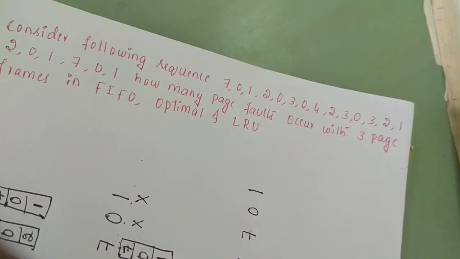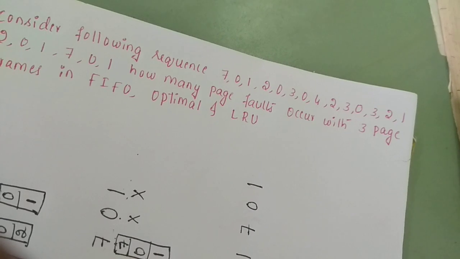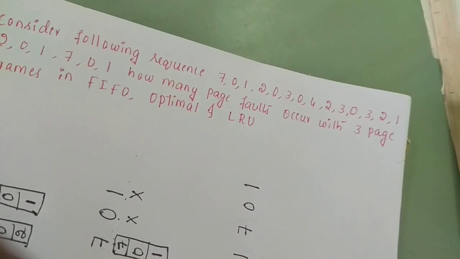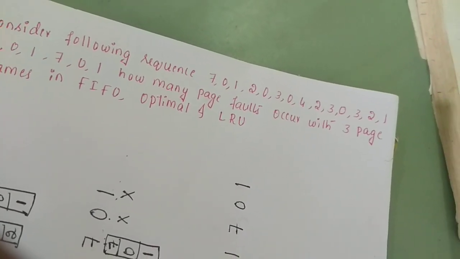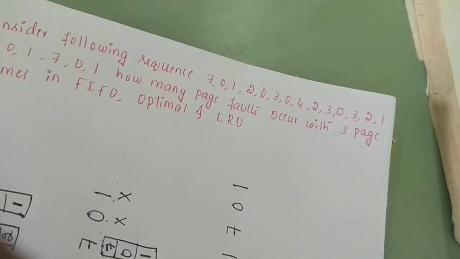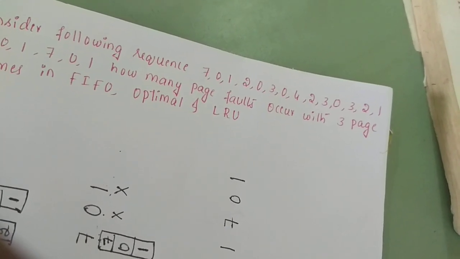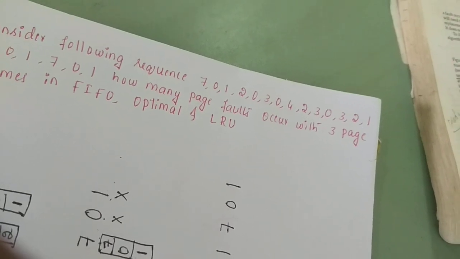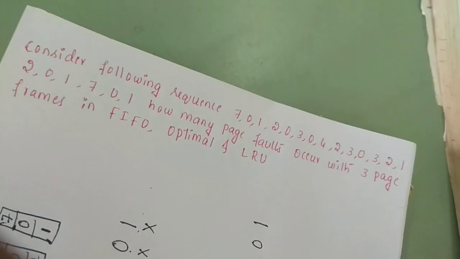The major difference is that optimal searches the pages in a forward direction, and FIFO uses the time when the page was brought into memory. In the same way LRU is used, but with a backward search. Let us see how it works.